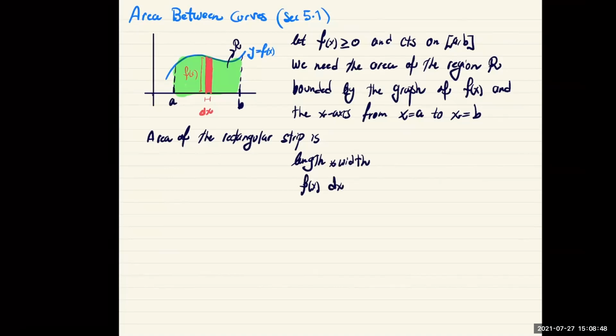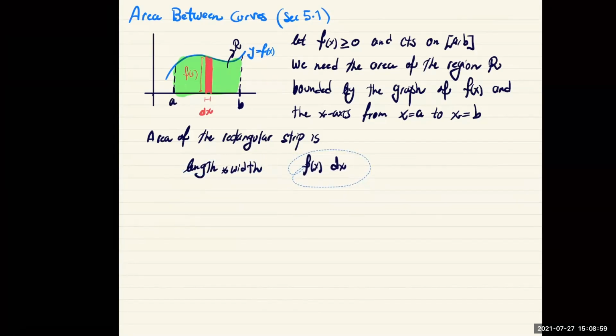This is the area of the tiny rectangular strip, so we call it dA. Not A, but dA. Again, just think of d as an increment, a small amount. So the area of this rectangular strip, dA, is obtained by multiplying the function by delta x, length times width.